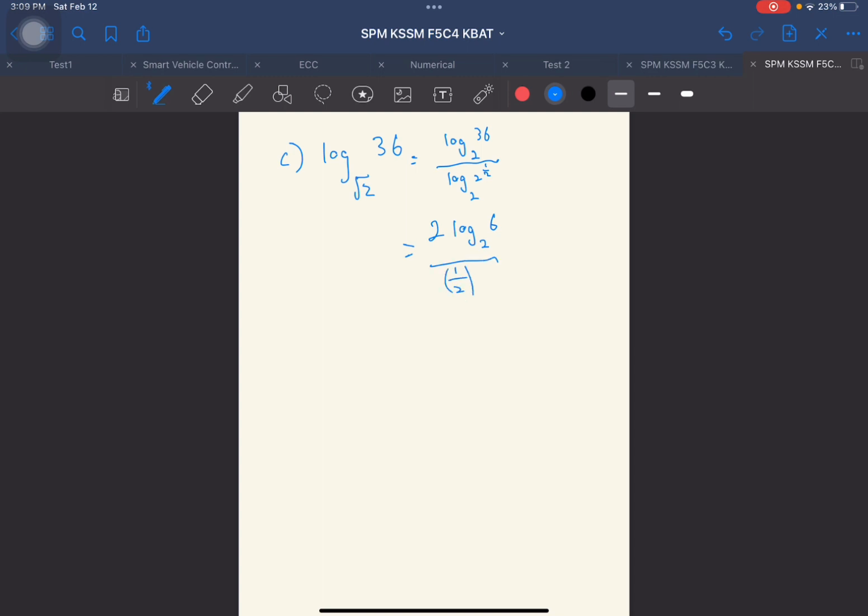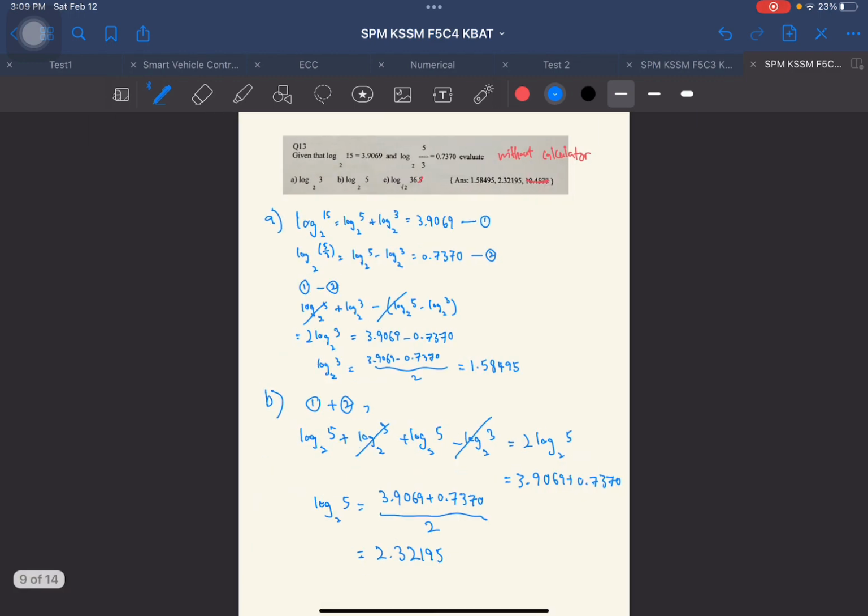So what is log 6 over 2? 6 is 2 times 3, right? So we can make it, and then this 1 over 2, you can take this 2 up as it is divided. So you know 2 times 2 is 4, and then this 6, 3 times 2, so log 2 3 plus log 2 2. This is 1, and this is calculated and given here in A here.